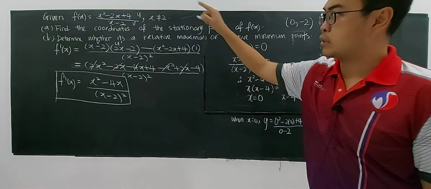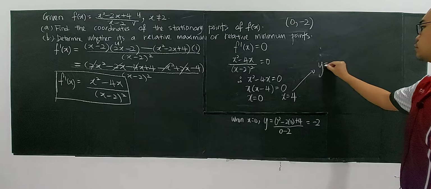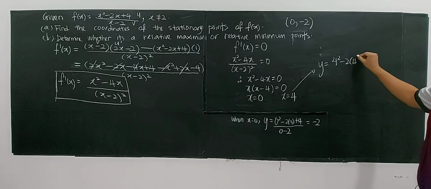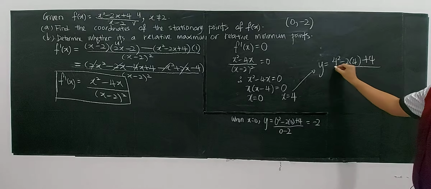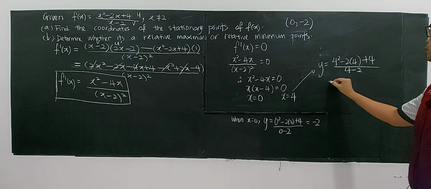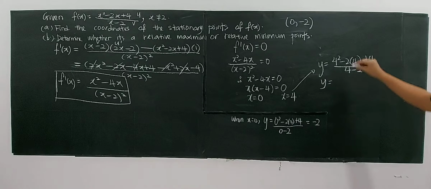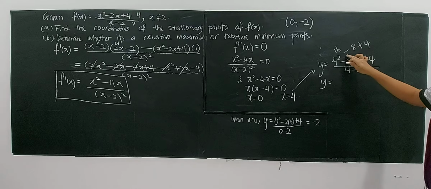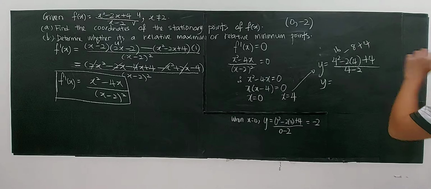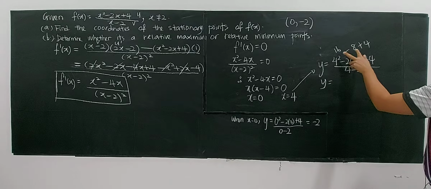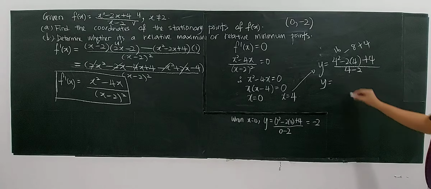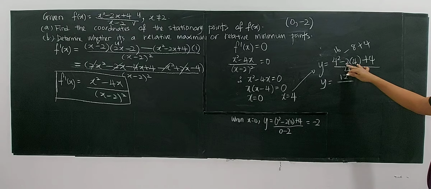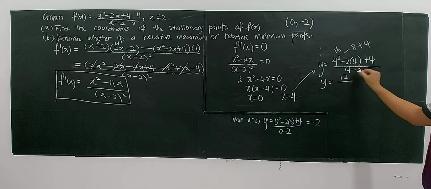followed by x equals 4. Same thing, you put it back into the function to find the value of y. So you have 4 squared minus 2 times 4 plus 4, divided by 4 minus 2. So you have 16 minus 8 plus 4. 16 minus 8, you have 8. 8 plus 4, you have 12. 12 divided by 4 minus 2, which is 2.